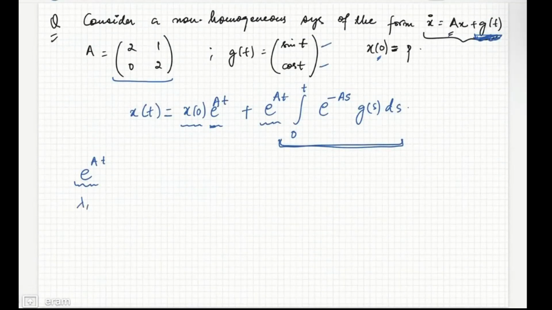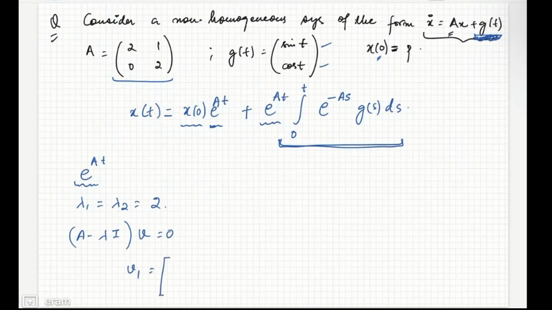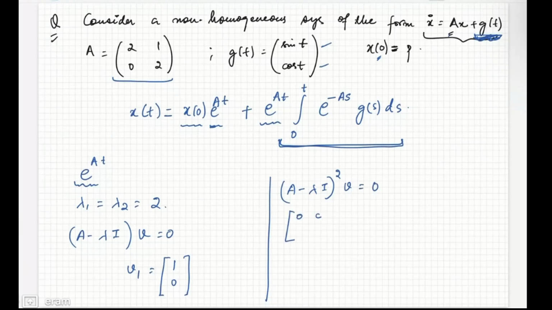So let's quickly see. We have lambda 1 equals lambda 2 equals 2. Then the first eigenvector we can calculate by solving (A minus lambda I) v equals 0, and when you do this you will get your v1 as [1 0]. Now the second eigenvector you have to calculate by solving the square of this into v2 equals 0, and when you do this you will get a matrix of the form 0 0 0 0.